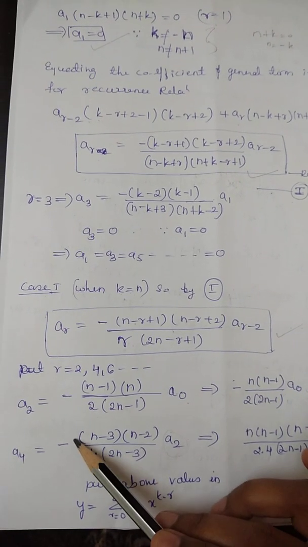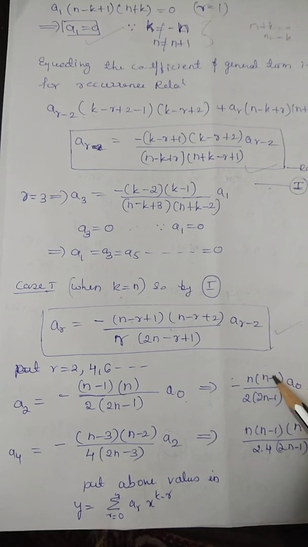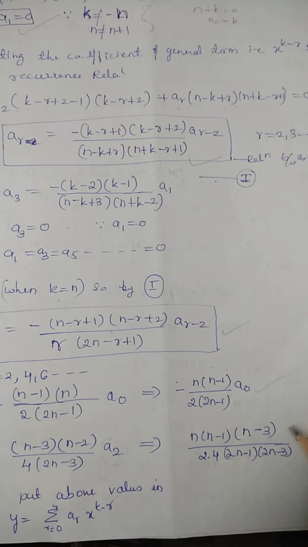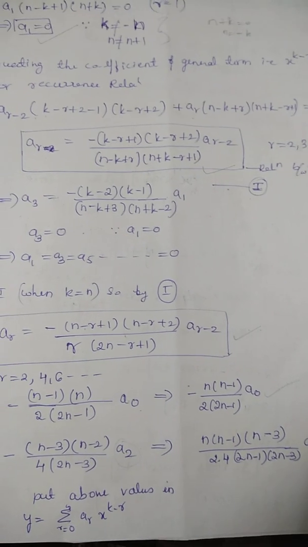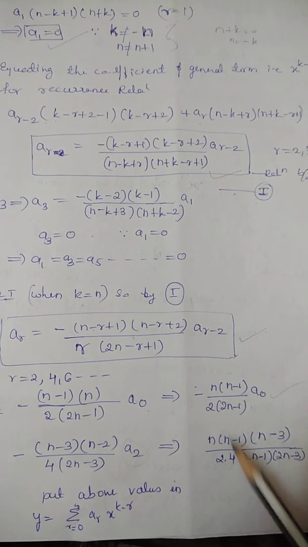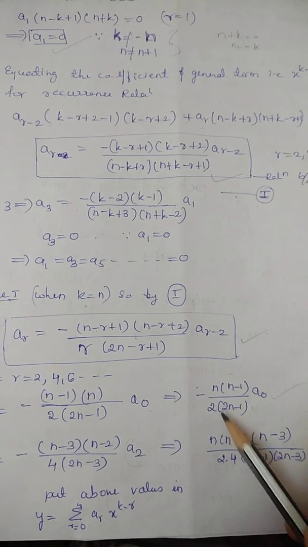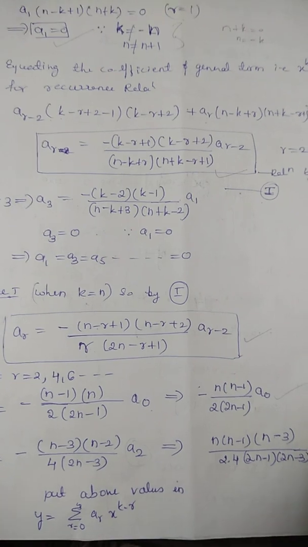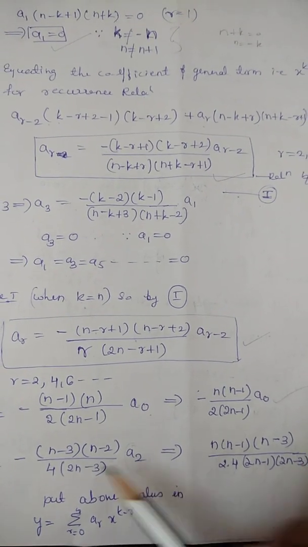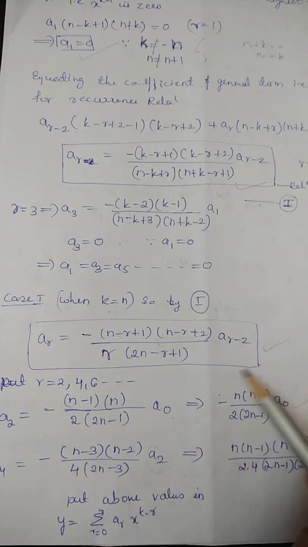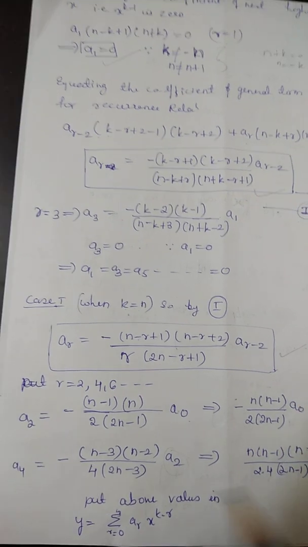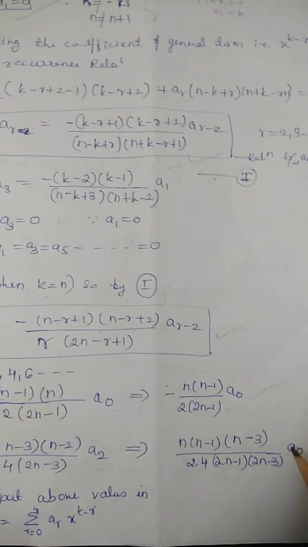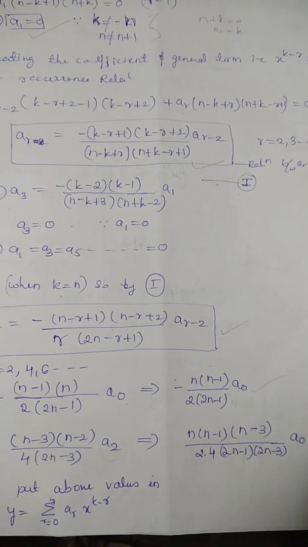This minus and this minus get plus. So n into n minus 1 and this n minus 3 and so on, whole divided by 2 already there, and 2 into 2n minus 1 and this 4 into 2n minus 1. We are substituting a2 value in this a4 here, that is equal into a0.